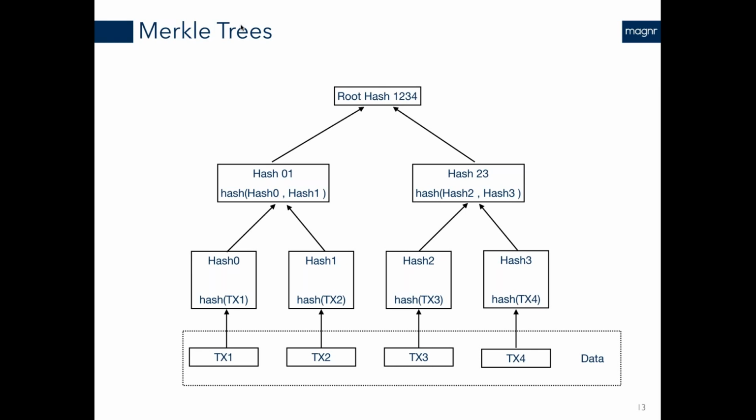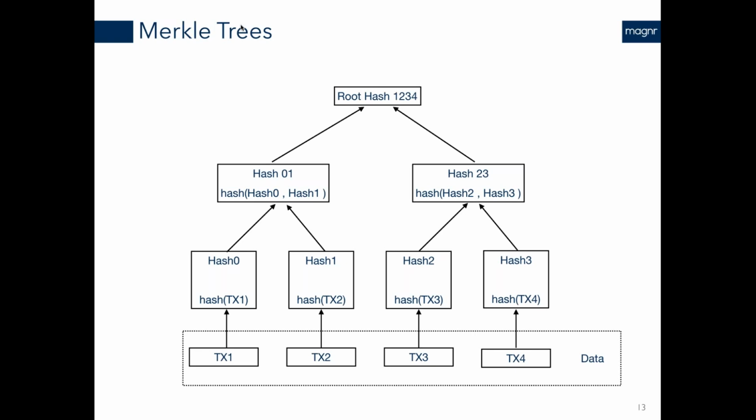In the simplified example here, the data is comprised of 4 transactions that you may see on the Bitcoin network. If we hash each of these transactions, we get the outputs hash 0, 1, 2, and 3.